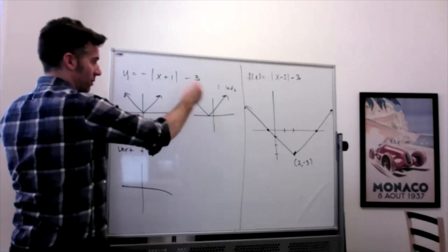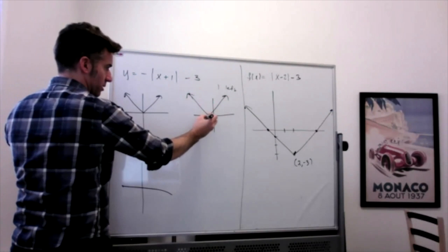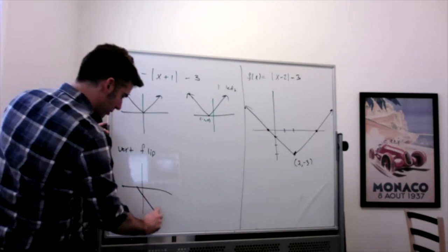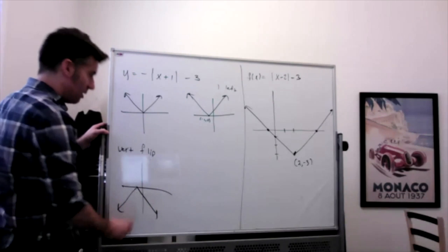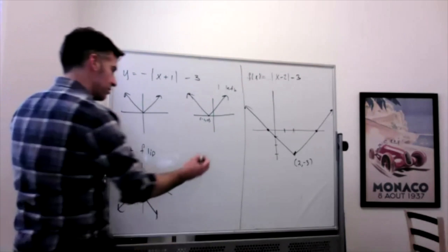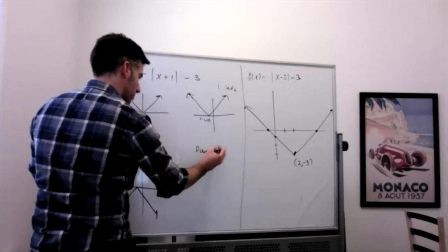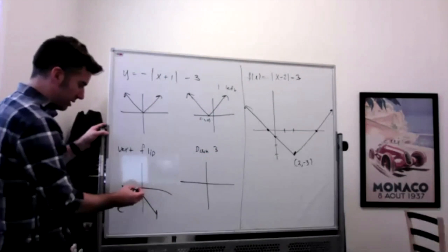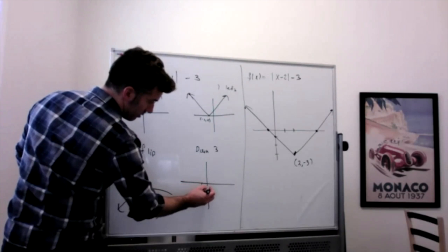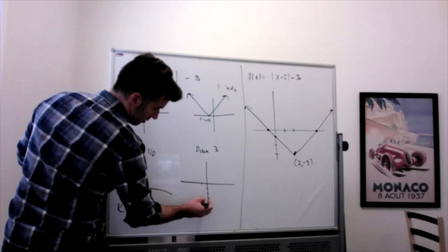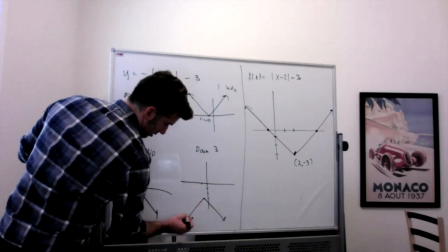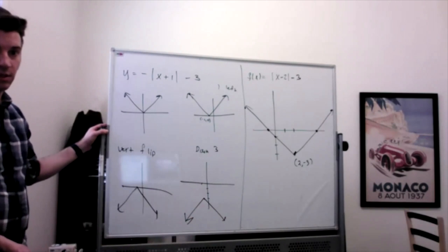So instead of opening up like this with the point (-1, 0) as its vertex, now the vertex is at (-1, 0) still, but it's going like that. And then I'm going to move it down 3. So my vertex now is going to be (-1, -3), and it's going to be a V opening downwards, like that. Kind of funky.